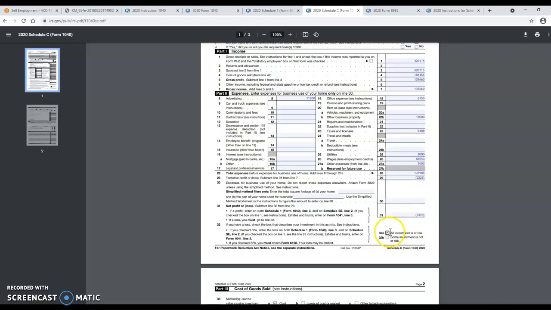Now, if we have a net loss, we have to answer this question, line 32. It says, check the box that describes your investment. So what that means is, is this Amy's money that got lost?